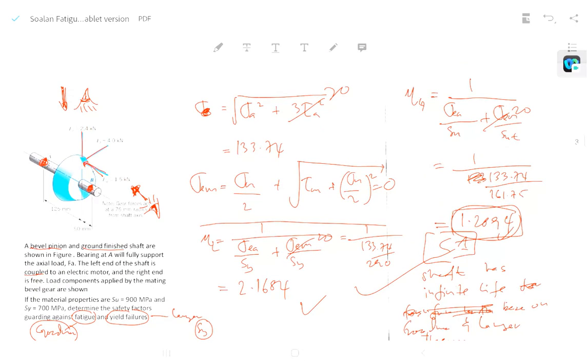From this direction, we get these two forces.